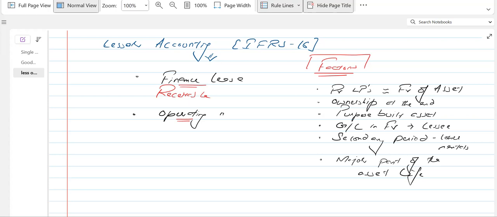The same payments which the lessor is going to receive, we are going to calculate the present value of them. So the same treatment. This receivable is actually the present value of lease payments, just like the lessee used to record the lease obligations. So for the lessor, it is a receivable, an asset, the present value of lease payments.